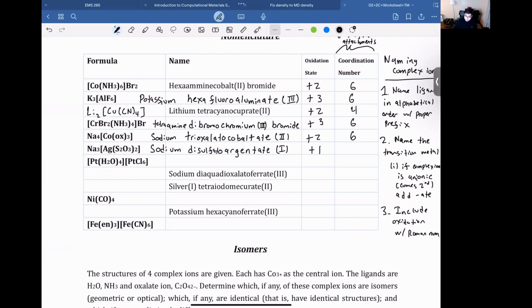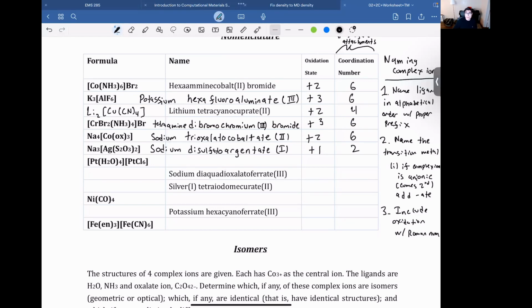The coordination number here is 2. So the sulfato groups S2O3 are monodentates. They do have a -2 charge. The charge does not indicate, though, whether or not they're a bidentate or a monodentate. Often it can, but it doesn't always, so be careful.